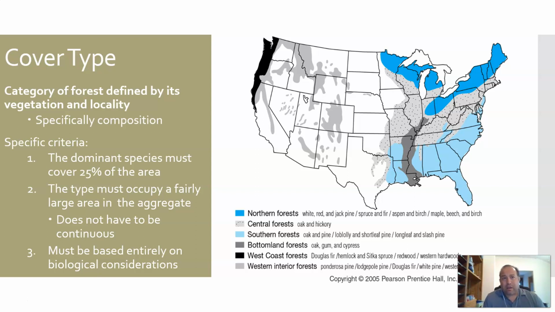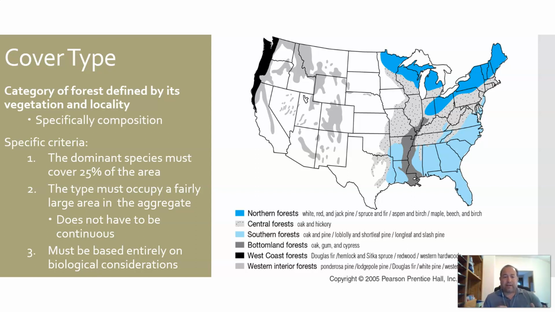We're going to use the Society of American Foresters criteria for cover type. That means that the dominant species must be 25% of the area. As we go through each of these forests, I'm going to talk about the different species and the different dominant cover types. If I mention a dominant cover type, that means that in that area there's at least a quarter of it.